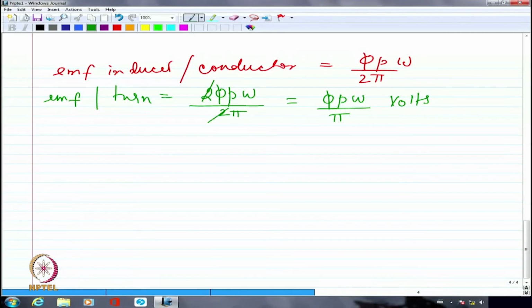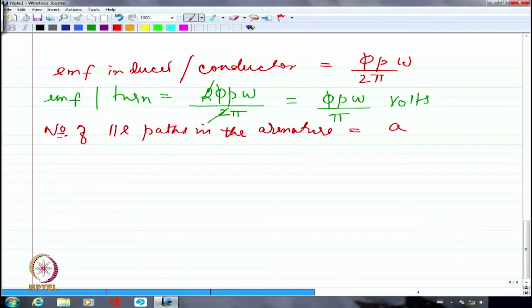So let us say, in general, the number of parallel paths in the armature I take as some A. Many of the books use the same A.